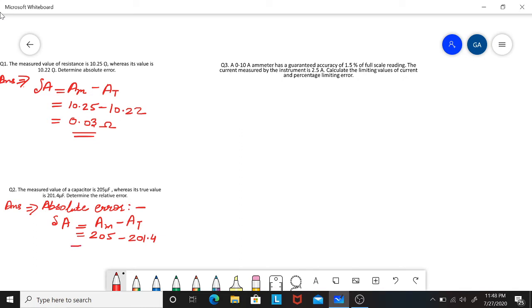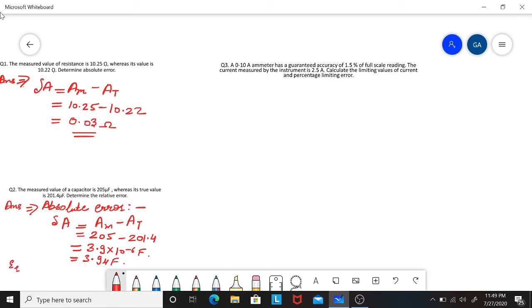So what result are you getting? You are getting 3.9 into 10 to the power minus 6 farad, or 3.9 microfarad. So this is your absolute error. Now you need to determine the relative error.